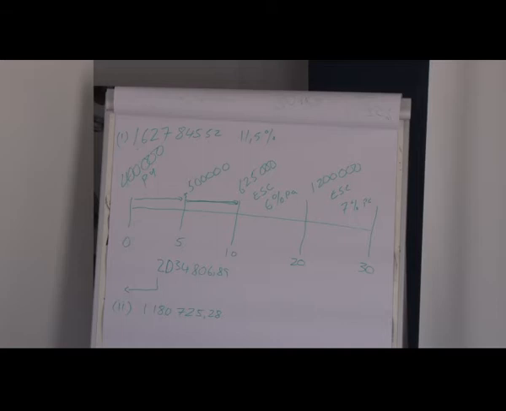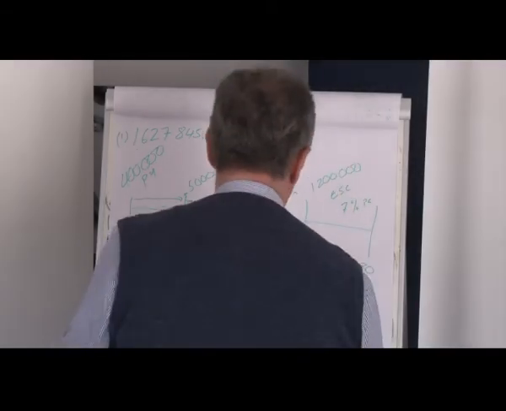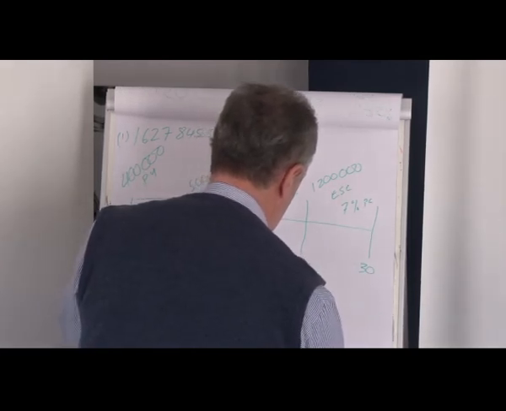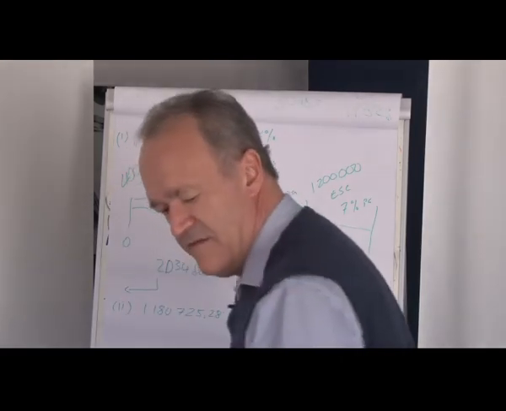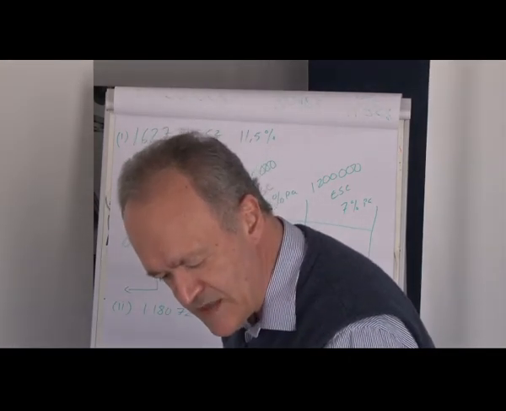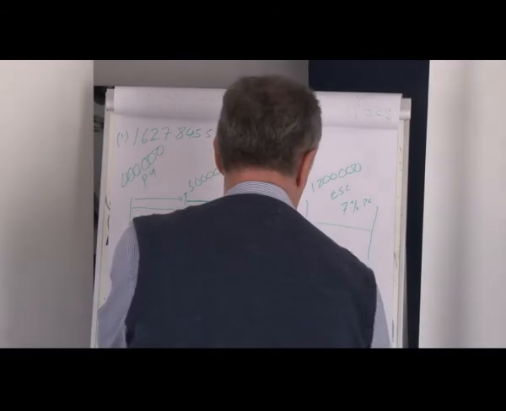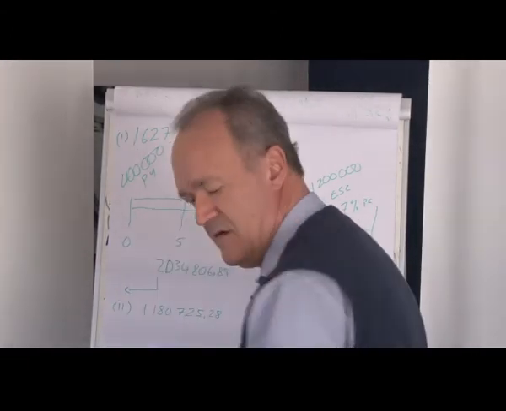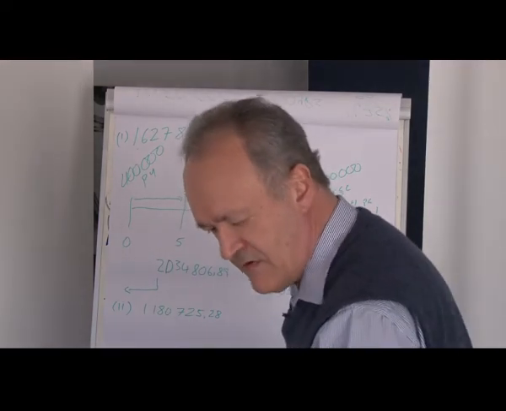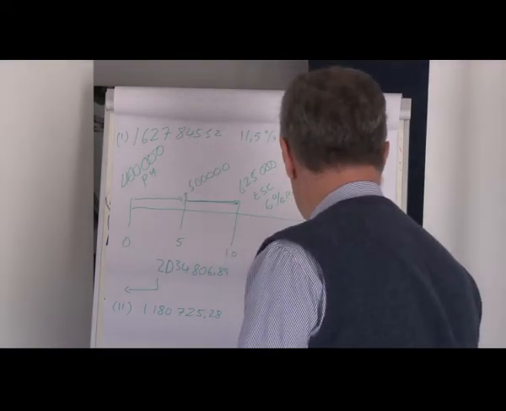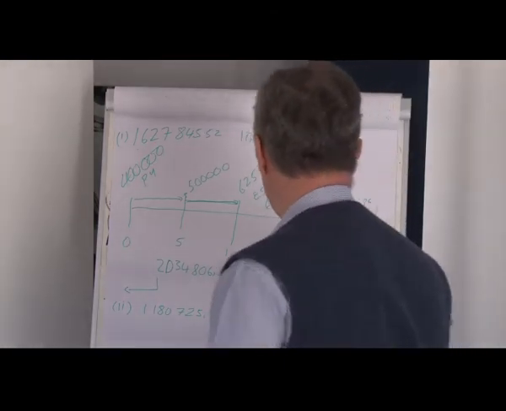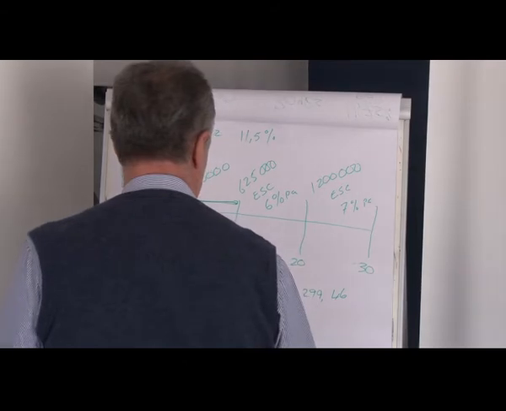You press shift NPV, and I get a figure of 5030, which I'll double check now. $5030.299.46. But that figure is over here.